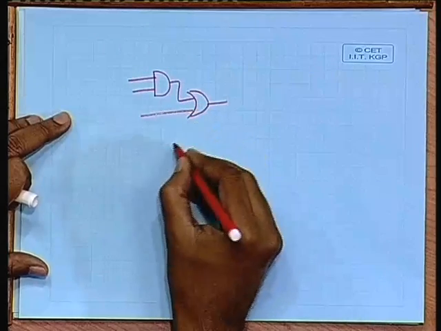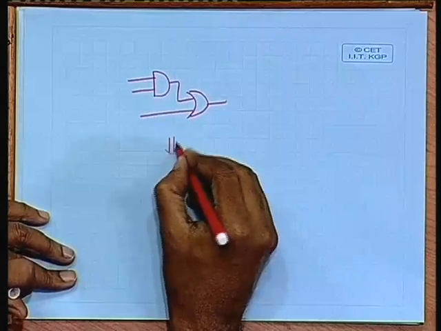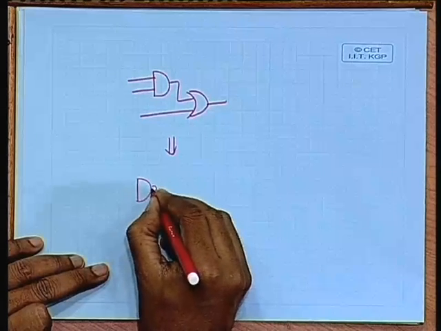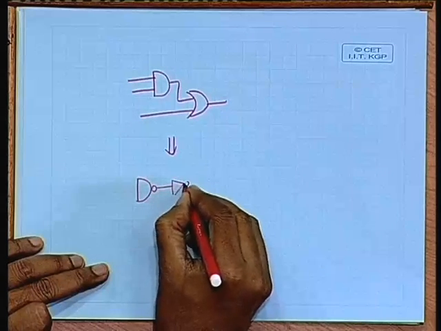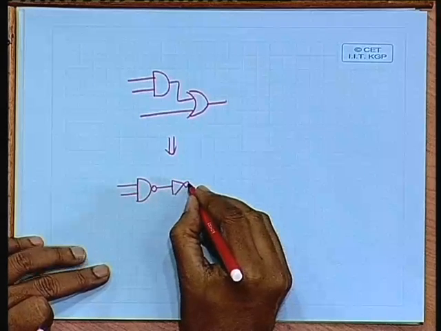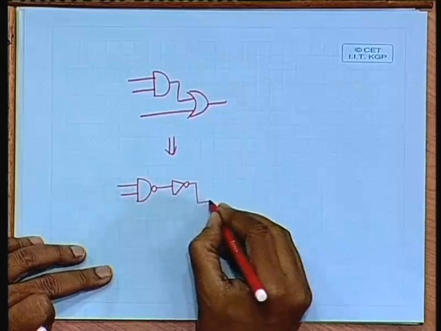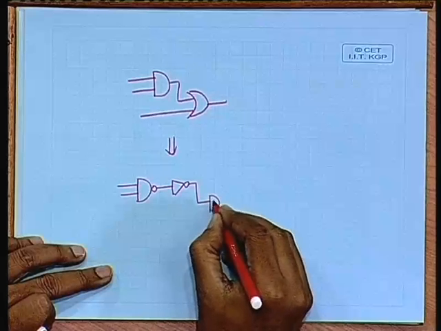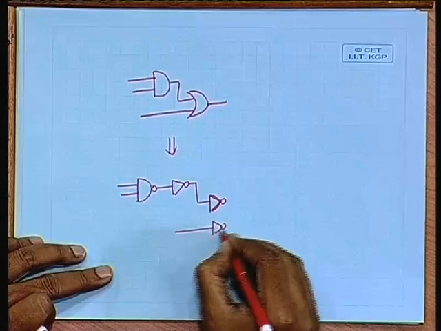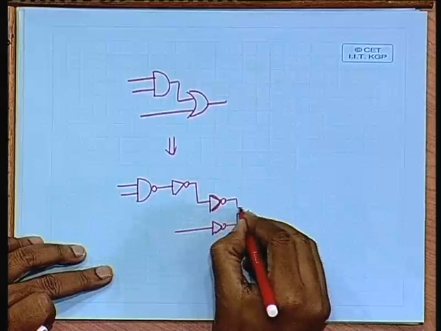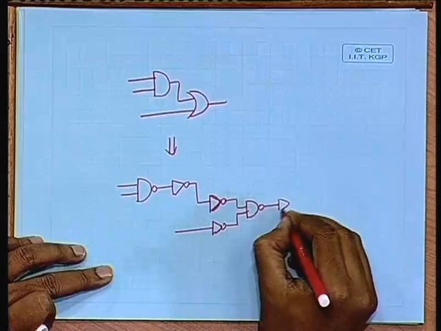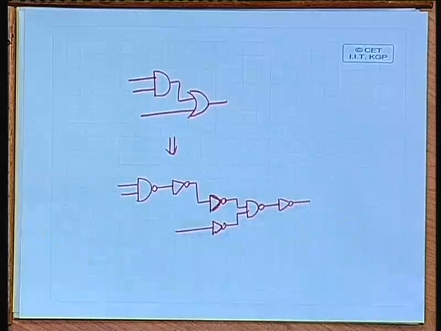Now, after doing this transformation, this AND will be replaced by NAND followed by NOT, and OR will be replaced by NOT, NOT, NAND, NOT, this kind of thing.